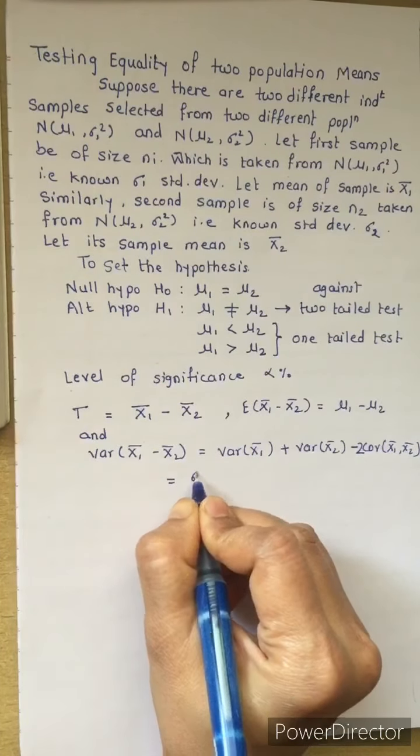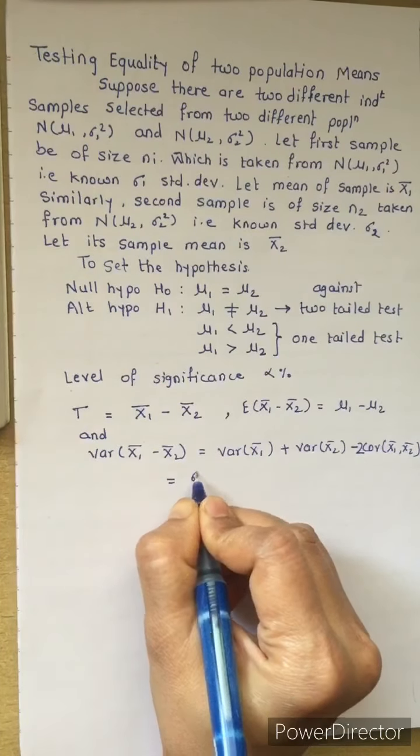Now we go to the test statistic. Here our test statistic is x1 bar minus x2 bar. Our general formula for z is t minus its mean, divided by its standard error. So we put t as x1 bar minus x2 bar, minus its mean mu1 minus mu2, divided by the standard error of x1 bar minus x2 bar.